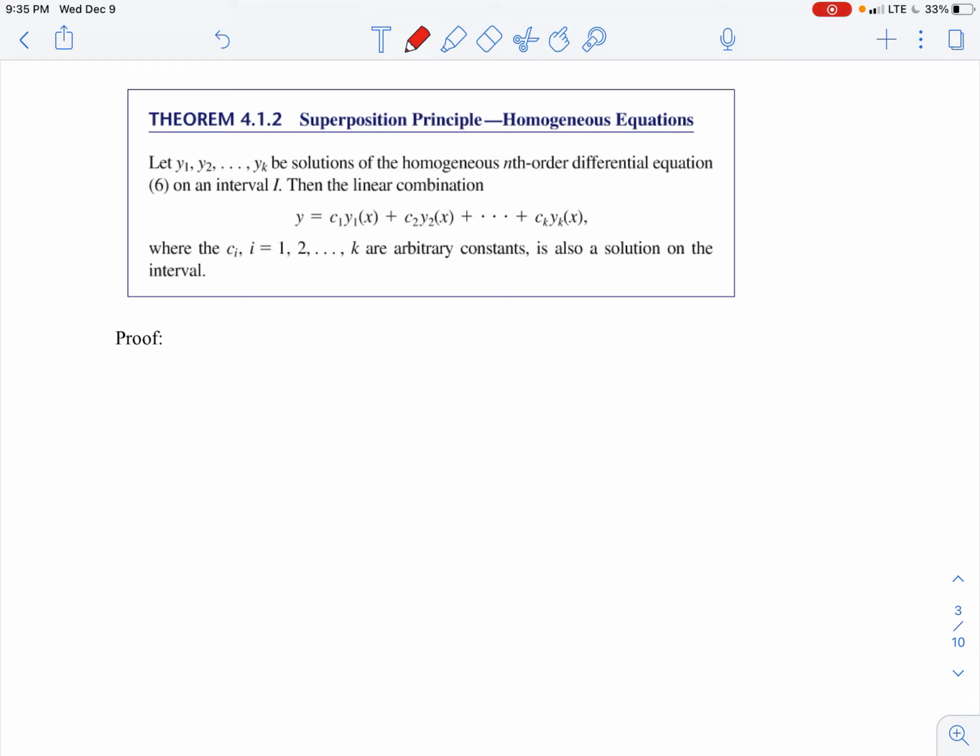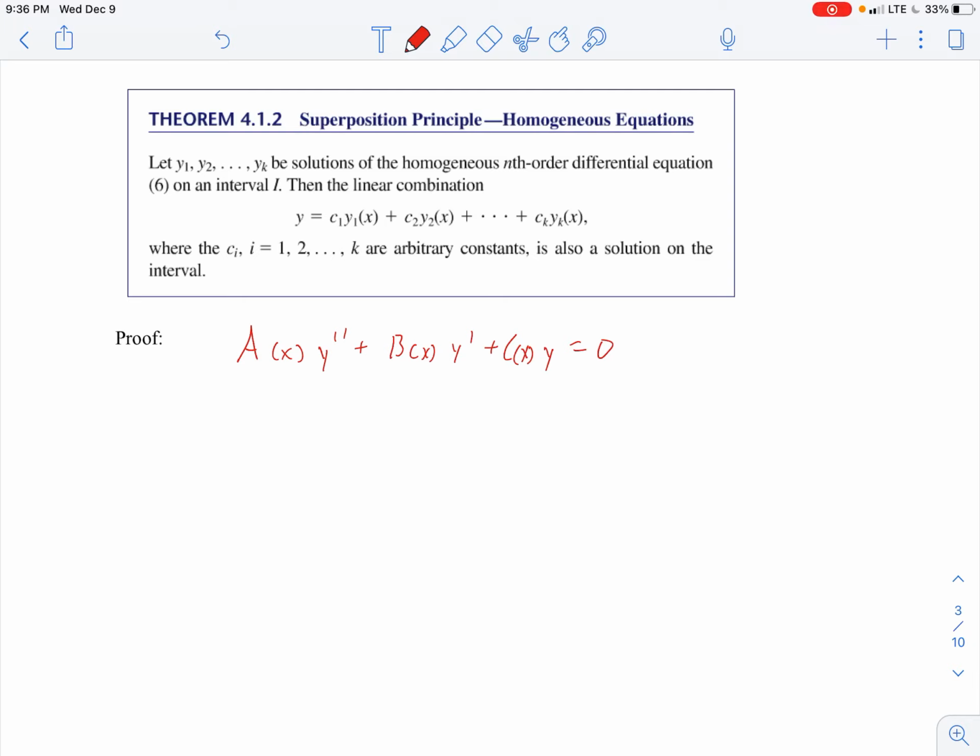Say we are given a differential equation a of x y double prime plus b of x y prime plus c of x y equals 0. So it's homogeneous because we have a linear differential equation that's set equal to 0.